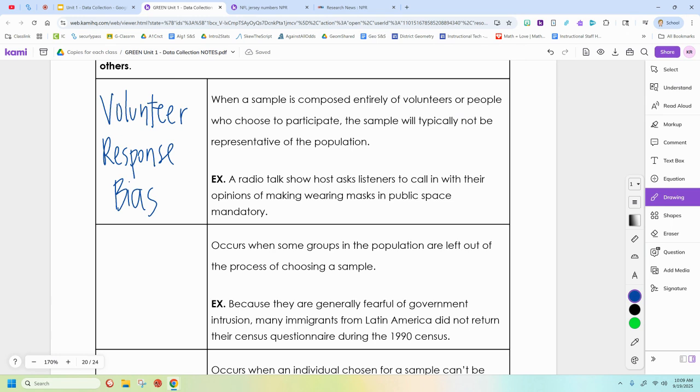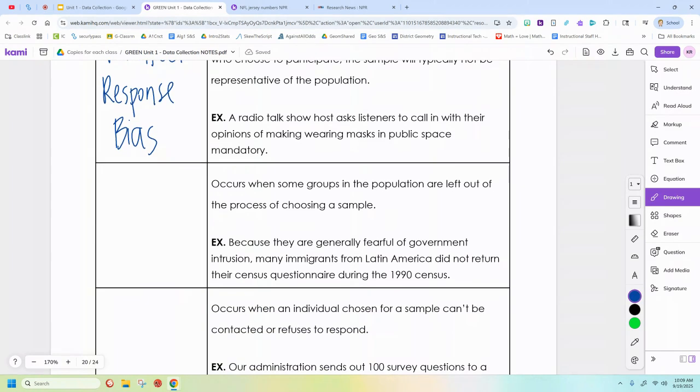I've had ones on Amazon too, where they'll give you a discount on your next purchase if you do a review. It's a little bit of a piece of candy to get you going, but that is still a type of bias. The example here is a radio talk show host asking listeners to call in with their opinion about mandatory mask wearing. That was a big topic of conversation in late 2020, 2021, and so on.